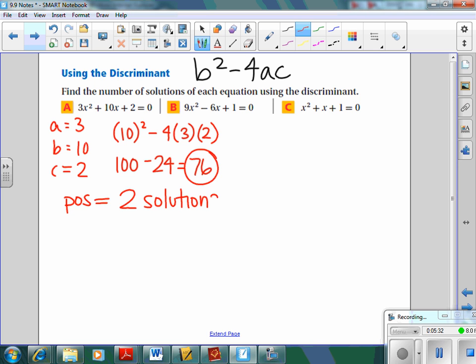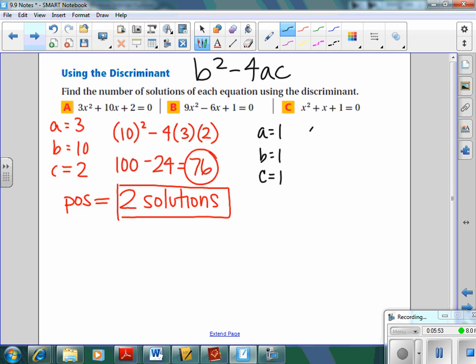It's going to cross the graph twice. We're going to take the square root of 76 and then be able to split up our equation into 2 different options. Let's skip B and let's do C. You can do B on your own. For C, your A is 1, your B is 1, and your C is 1. So plug them in.